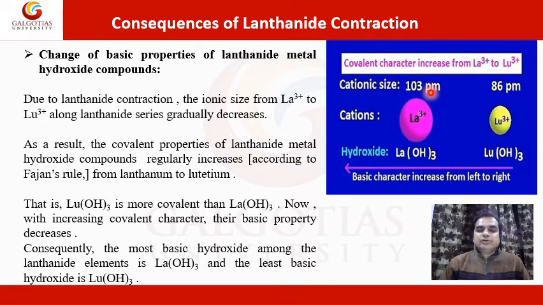With increasing covalent character, the basic property decreases from lanthanum hydroxide to lutetium hydroxide. So we can say that the most basic hydroxide among the lanthanide elements is lanthanum hydroxide, while the least basic hydroxide is lutetium hydroxide.